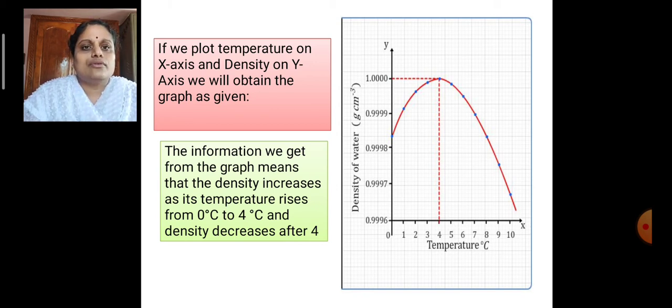From the graph, we can see that the density of water increases as the temperature increases. It reaches a maximum value at 4 degrees centigrade and thereafter it decreases. That is, density increases as its temperature rises from 0 to 4 degrees centigrade and density decreases after 4 degrees centigrade.